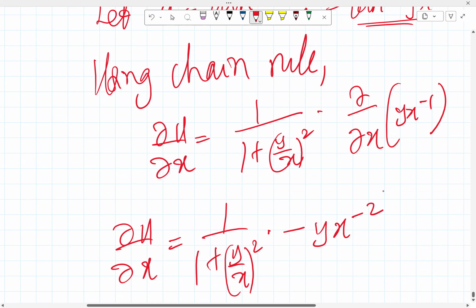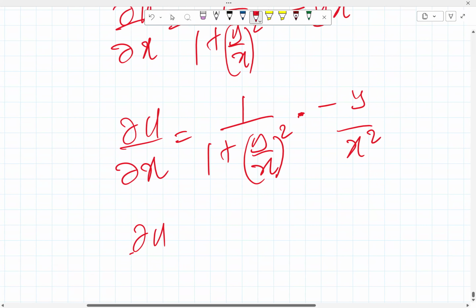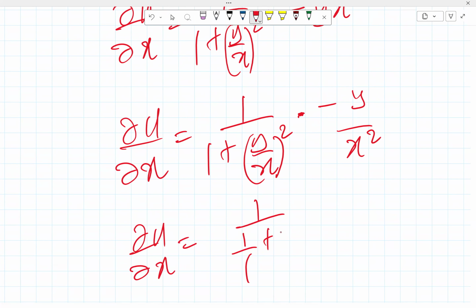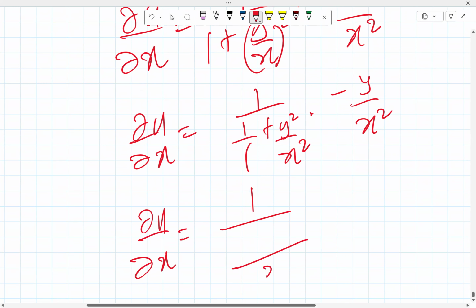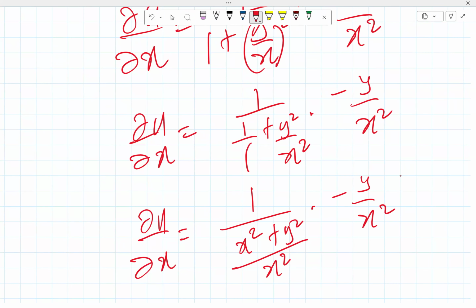So we can tidy that up a little bit. So partial u partial x is equal to 1 over 1 plus y squared over x squared multiplied by minus y over x squared. So up there is 1. LCM here is x squared. So you have x squared plus y squared times minus y over x squared.